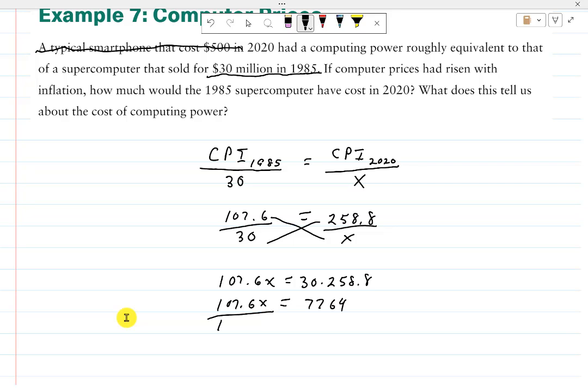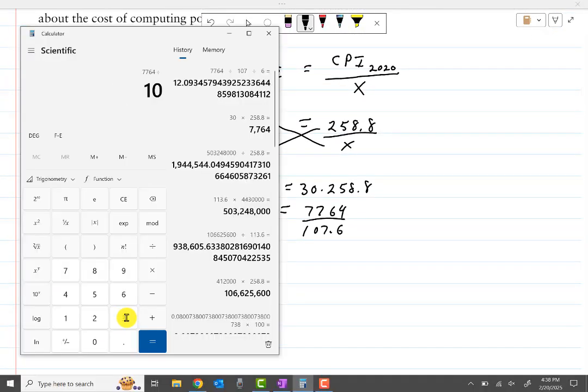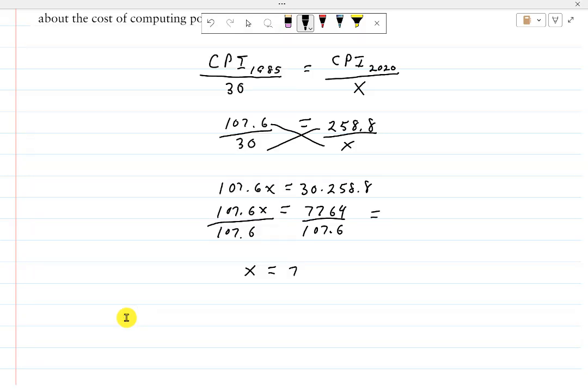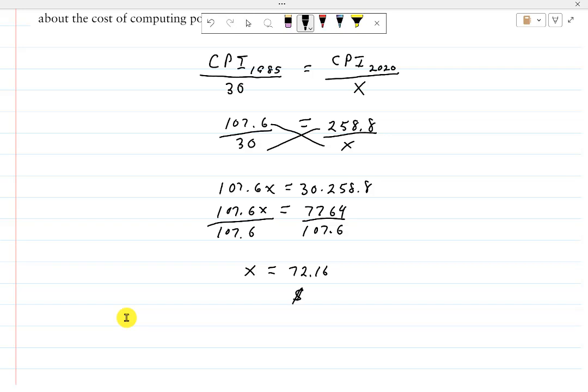Let me divide by the 107.6. This is about 72.16. So remember, we're in millions. So we could just simply say about $72.16 million.